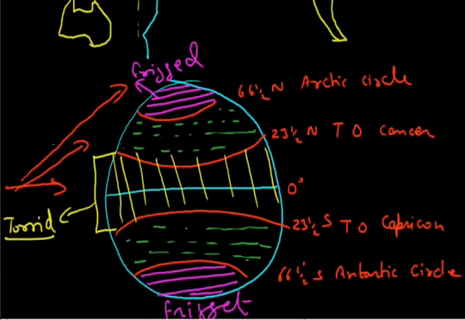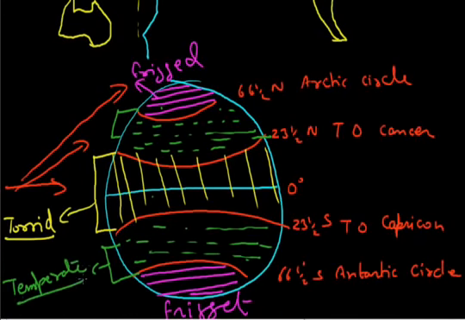While the zones between the frigid zone and the torrid zone, this one and this one, the temperature is not too high and not too low. The temperature is moderate. That is why this zone is called the temperate zone.